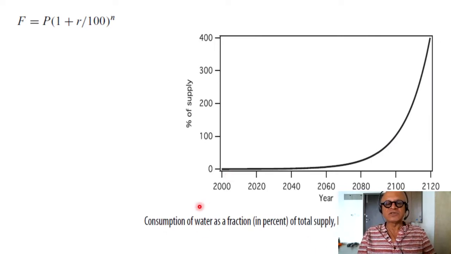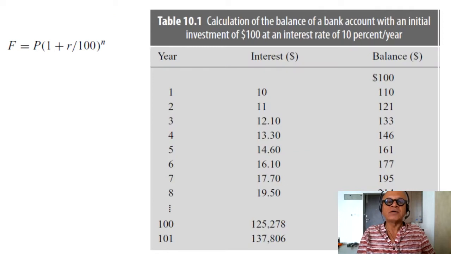So this is a different chart, sorry. Consumption of water is a fraction in percent of total supply based on data in table 1, which is 10.1 here.